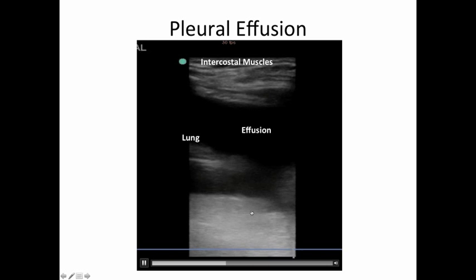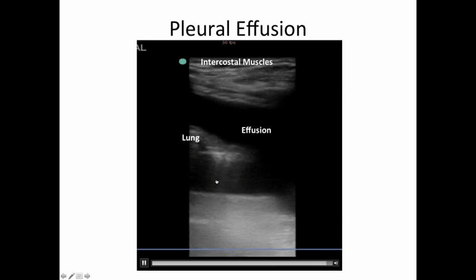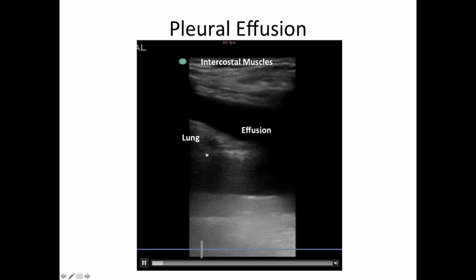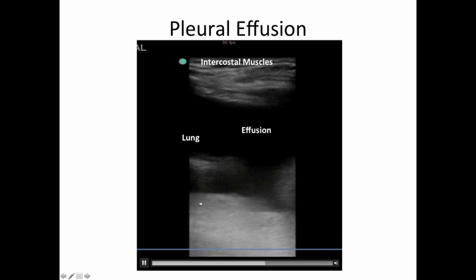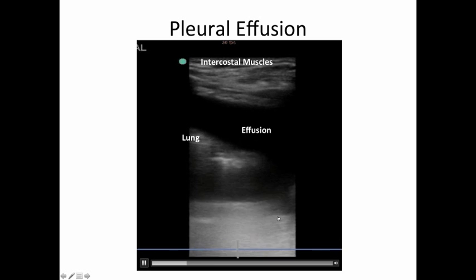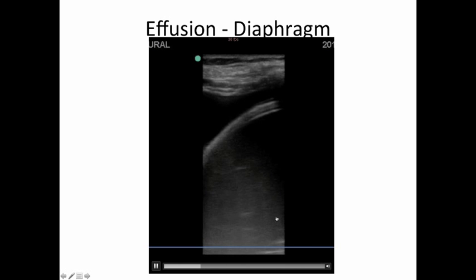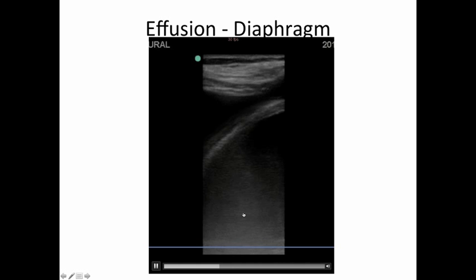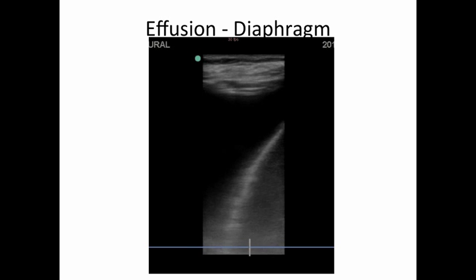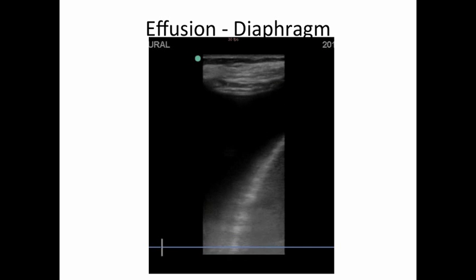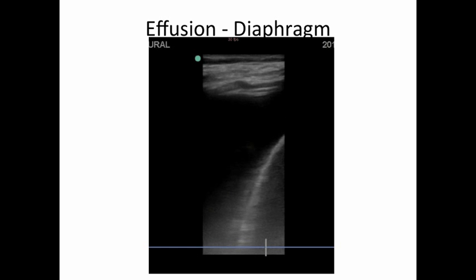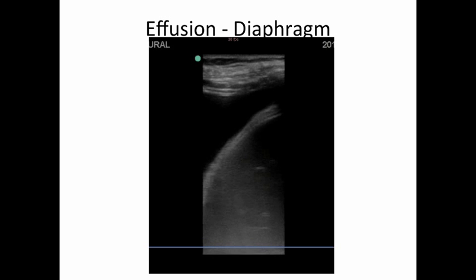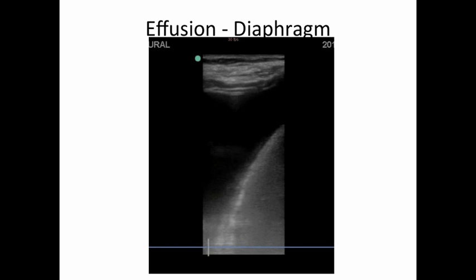Pleural effusion I won't spend too much time on because I think this is probably something you're mostly used to. But this is the lung here, effusion, and back here is the heart. It's important to always identify where the diaphragm is, and ideally, I think this is easier to identify if you hold the probe with the probe marker up towards the patient's head, because then you can run from the diaphragm and work your way up, and have a clear sense of exactly how many rib spaces you have with fluid.